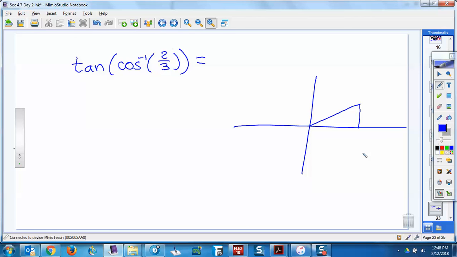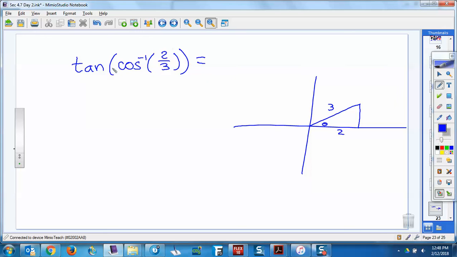Now here's where SOHCAHTOA comes in. How's cosine going to be 2/3? Adjacent over hypotenuse. Because 2/3 obviously is not one of our special values that we know about, square root 3 over 2, root 2 over 2, those kind of things. So we're going to do that. Now, they want us to do the tangent of that angle. We don't know what this angle is. We have no idea.